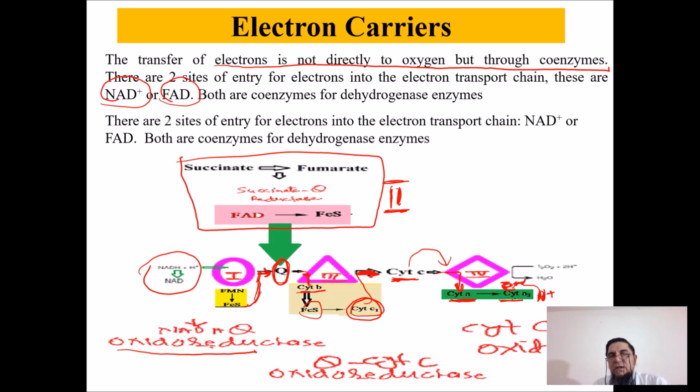From here the electrons move out, protons are taken from the matrix, and with oxygen already present here, it makes a water molecule.